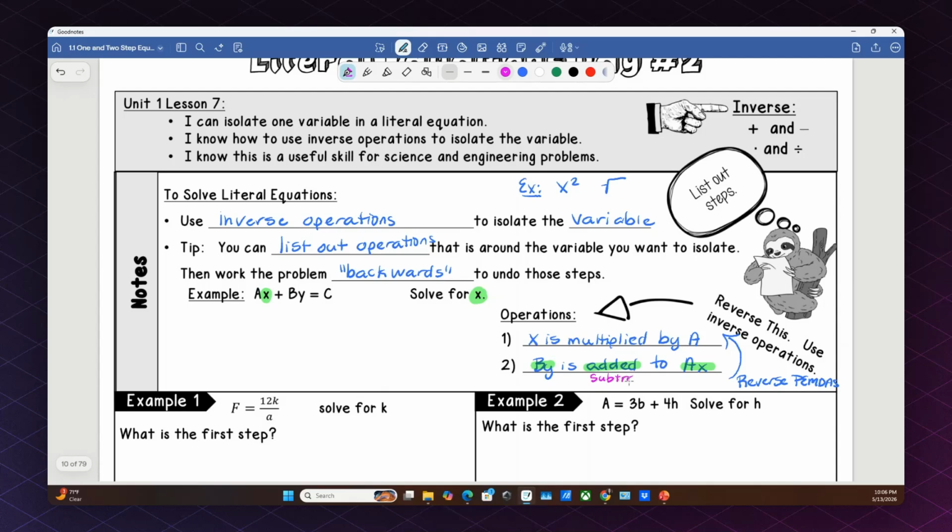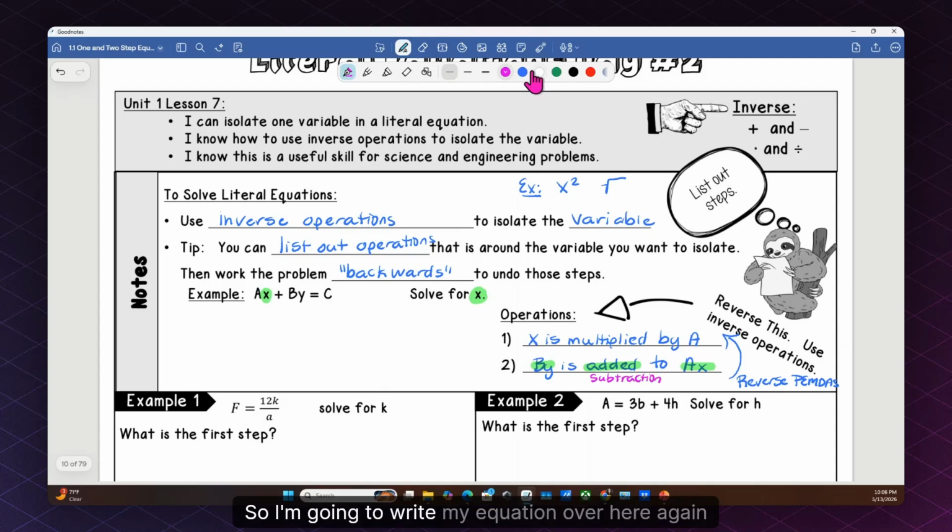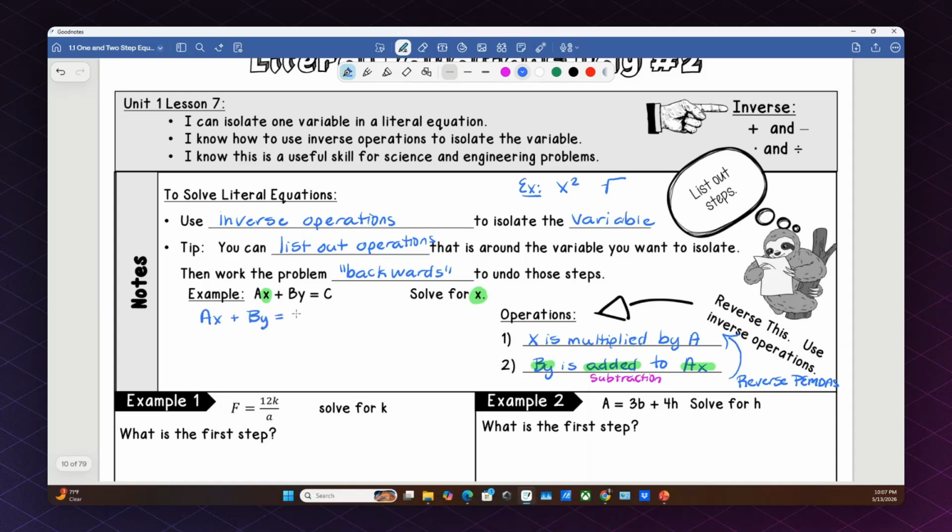That would be the complement to that. So I'm going to write my equation over here again, and let's get it all nice and organized. If by is added to ax, the inverse is we're going to subtract by. Okay, so we get ax equals c minus by.